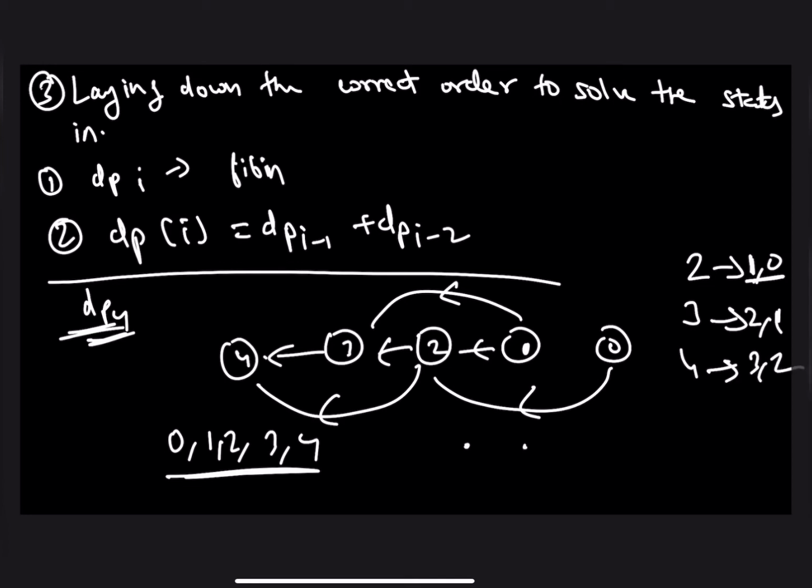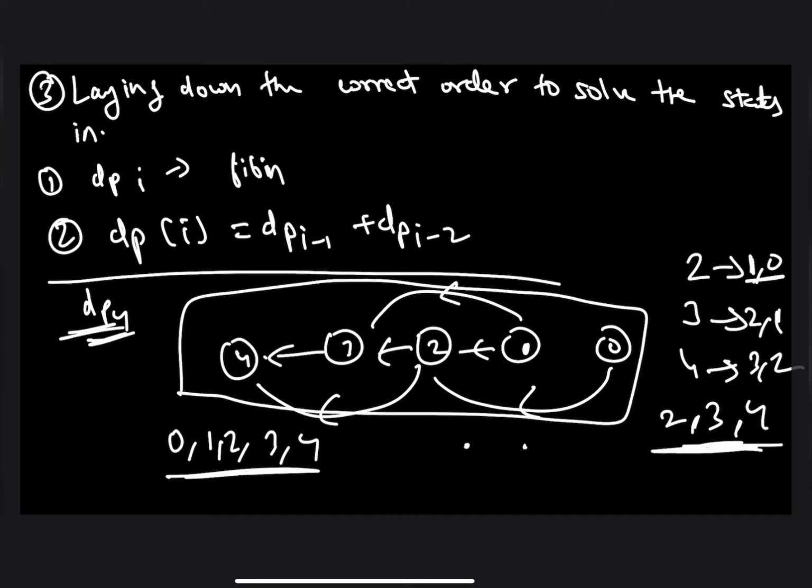So first you solve the second term, then the third term, then the fourth term. That's why this topological ordering is the same as the topological sort of this directed acyclic graph, and that's why the graph was so relevant here.